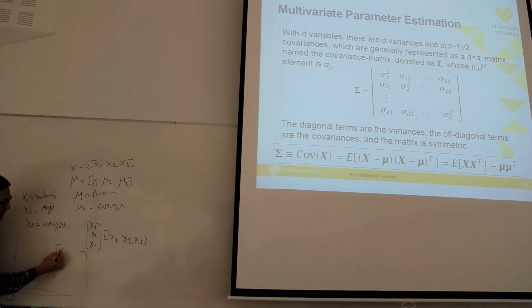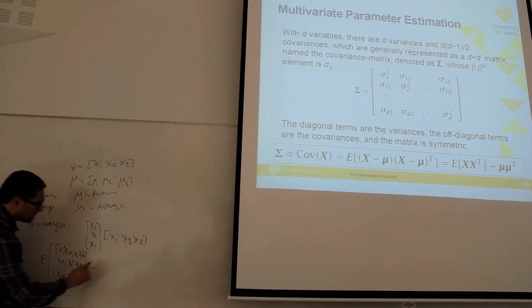It will be x1 times x1, of course, x1 square. This will be x1 times x2, x1 times x3. This will be x2 times x1, x2 square, and x2 times x3, and then x3 times x1, x3 times x2, and x3 square. Then you take the average of this, minus mu times mu transpose.